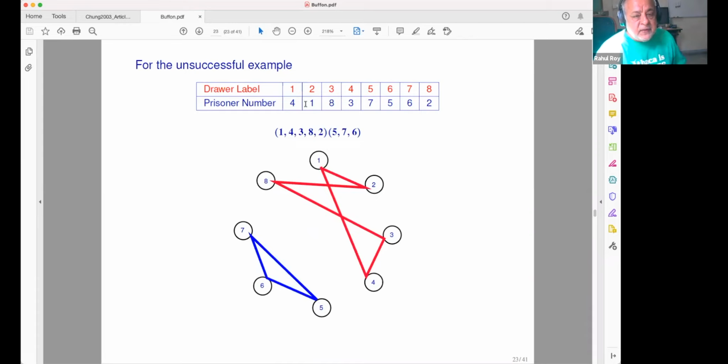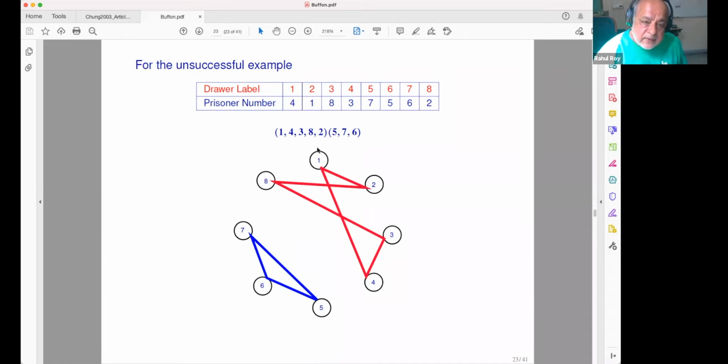For the unsuccessful example, there are only two cycles. One is 1, 4, 3, 8, 2. This is exactly the unsuccessful example. You can go to the previous pages and see it. So 1 goes to 4, 4 to 3, 3 to 8, 8 to 2, and then 2 to 1.